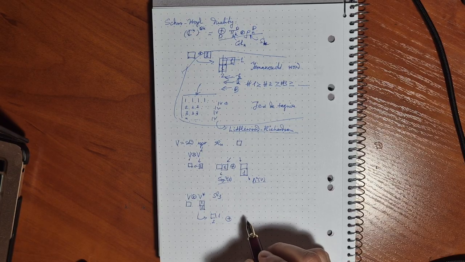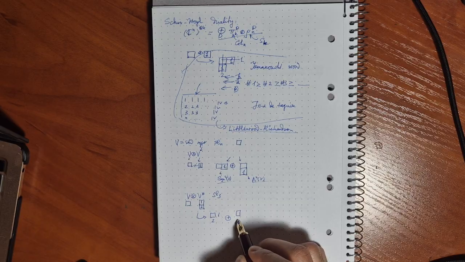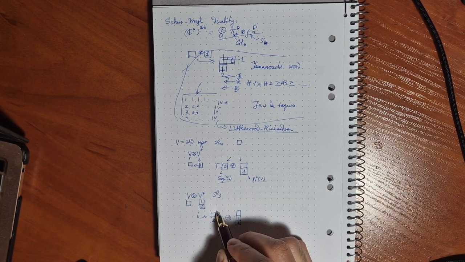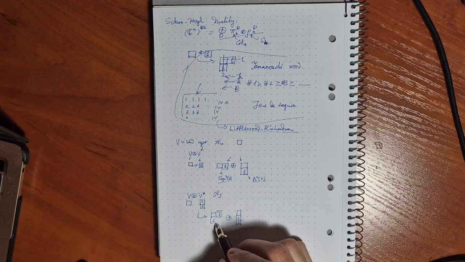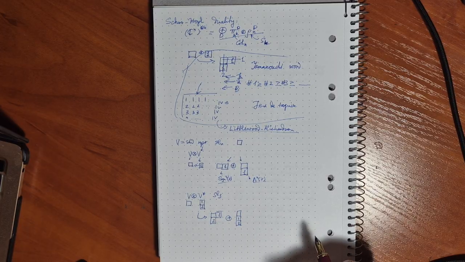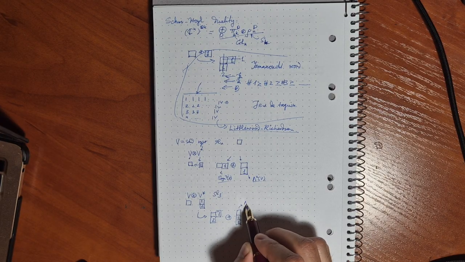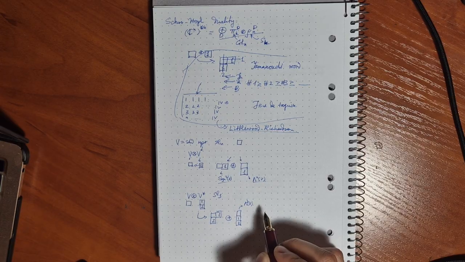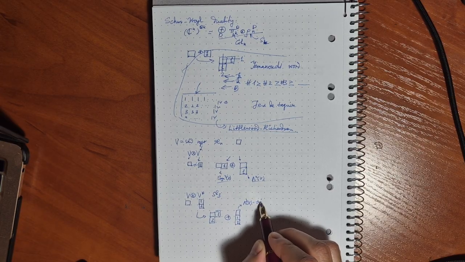Then okay, we have one part, 1 2, 1, 2. For SL3, this is basically this one, which is just trivial.